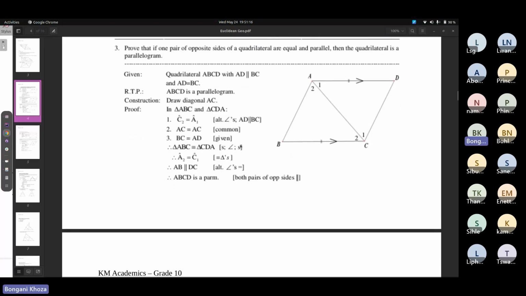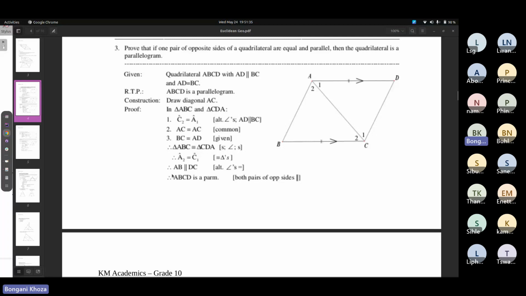And then you can conclude that those two triangles are congruent because you managed to prove a side, an angle, and a side. Next, you can therefore conclude that A2 is the same as C1 because these two triangles are congruent.